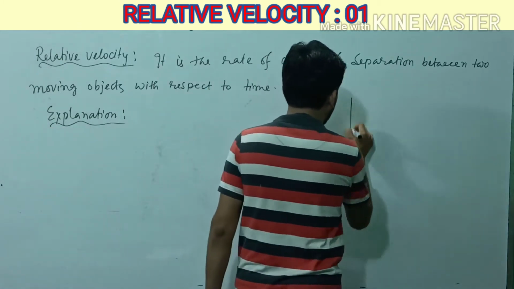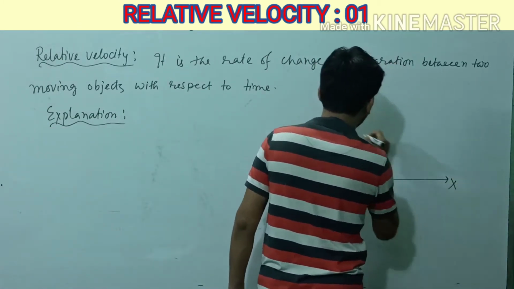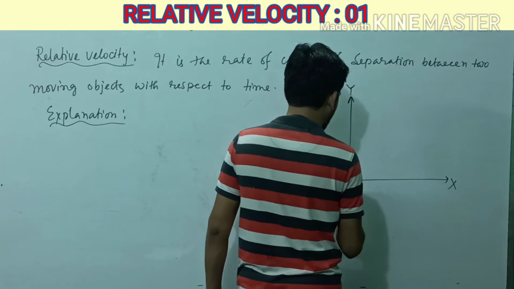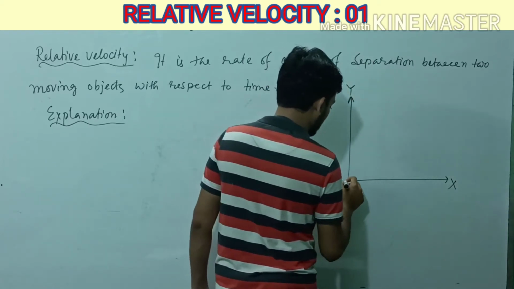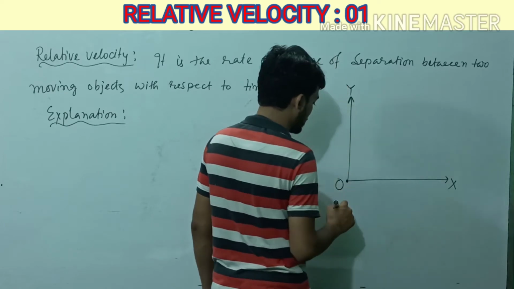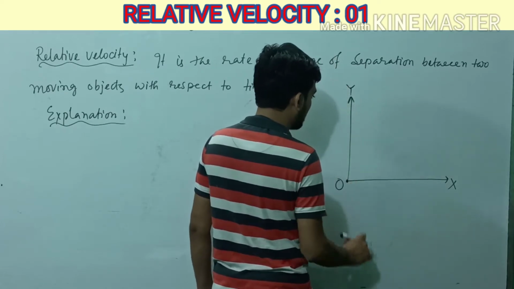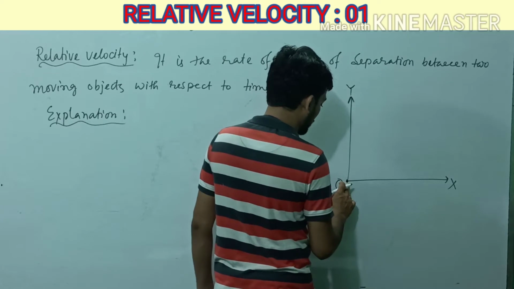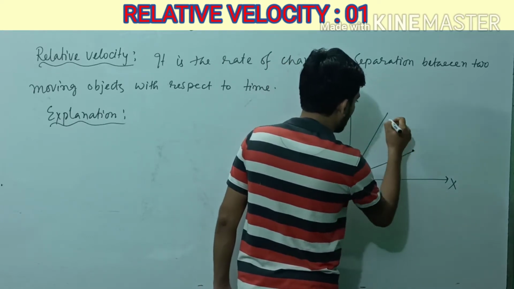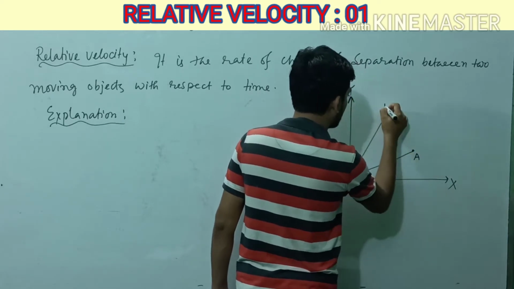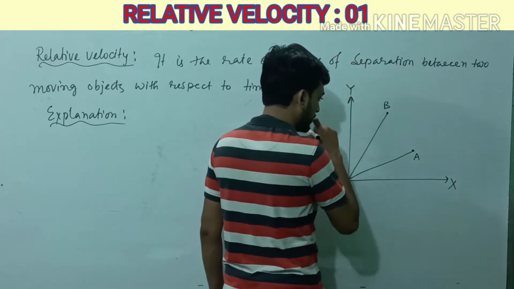We are going to consider a two-dimensional coordinate system and O be the origin of that coordinate system. We are considering that two bodies start their journey at any time t equal to 0 from point O and reach two points A and B respectively at any later time t.